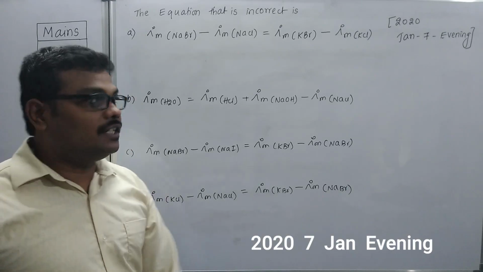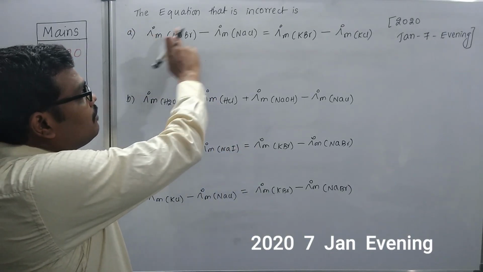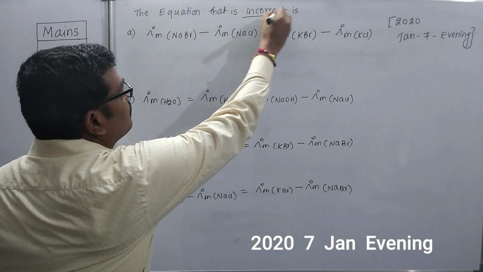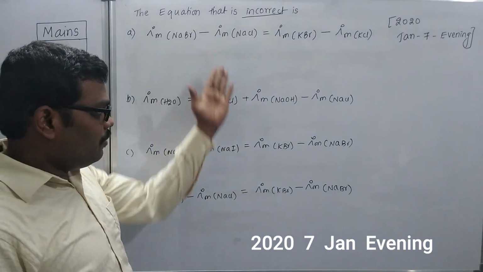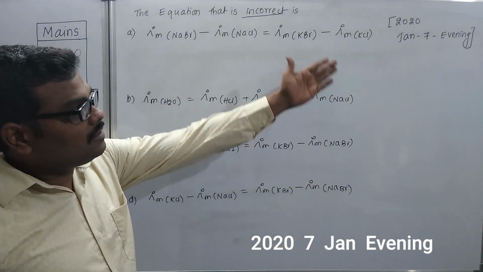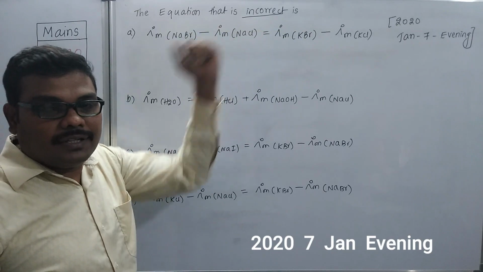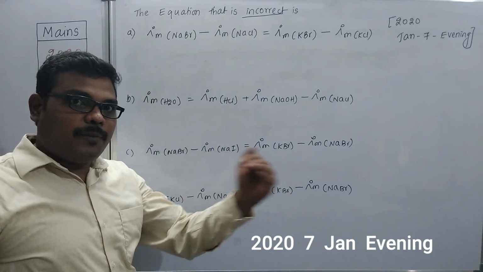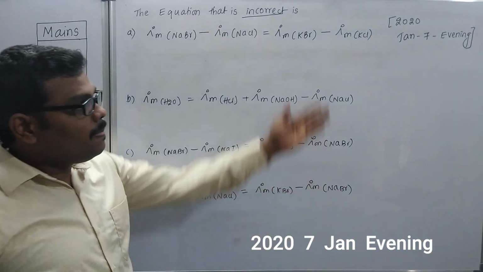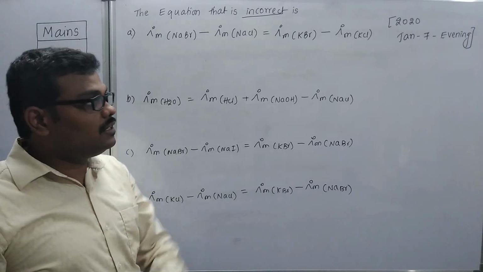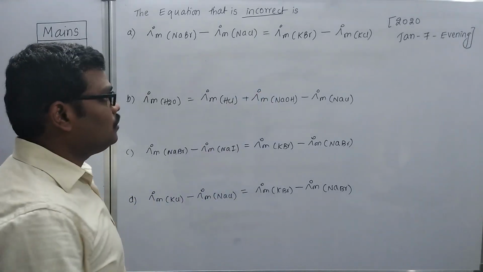The next question is, the equation that is incorrect is, and they have given four options. This question was asked on 2020 January 7th in the evening session. The previous question was in the morning session, and this question is in the evening session on the same day in 2020.